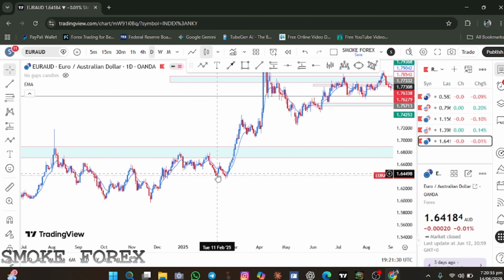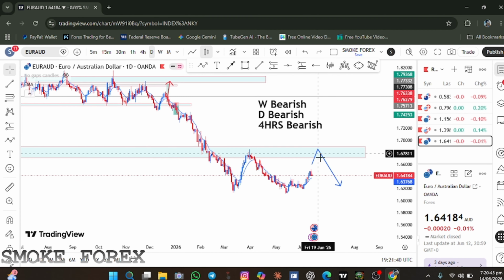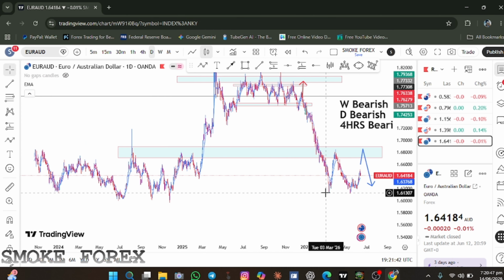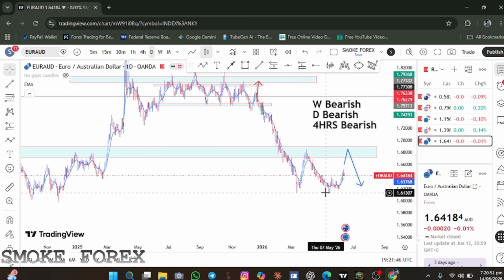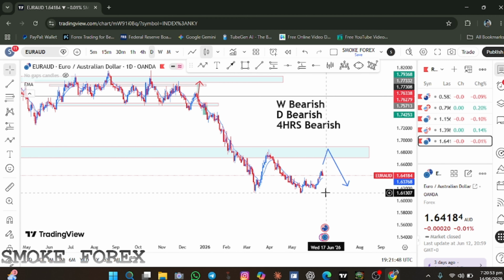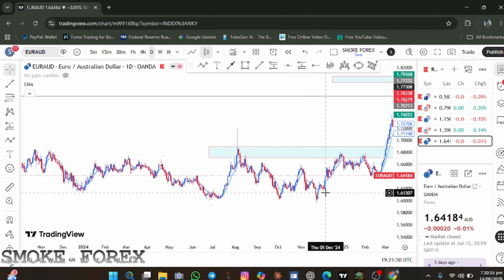But the last time it also got here, it did nothing, just went straight off. So I think the market could get here and sell again. With this pair, I'm not that much sure. I just added it to the watchlist.